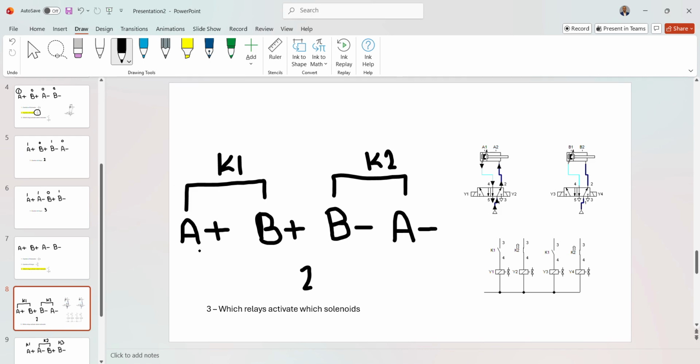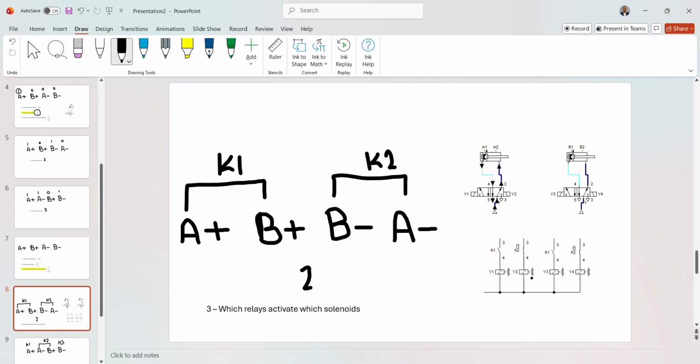So now I know that A plus, which is activated by Y1, is connected by K1, and B plus, which is activated by Y3, is also activated by K1. And I also know that Y4, which corresponds to B minus, is activated by K2, and that Y2, which is the retraction of cylinder A, is also activated by K2.